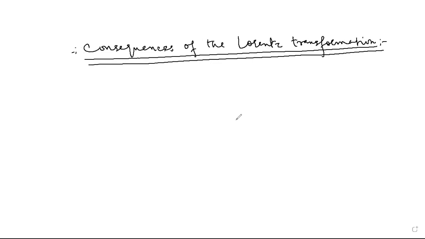We have already shown that some unexpected consequences follow from applying Einstein's postulates to physical situations. Now we use the more mathematical basis of the Lorentz transformation to show that these same consequences and others can be obtained.